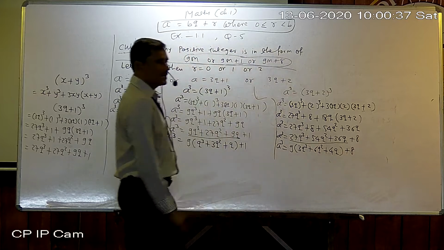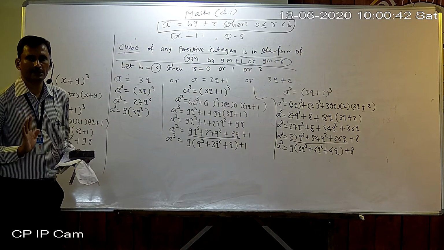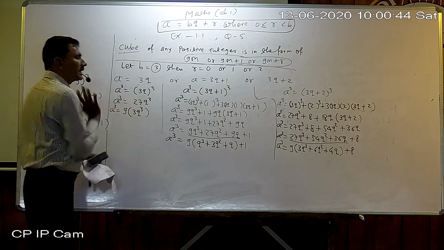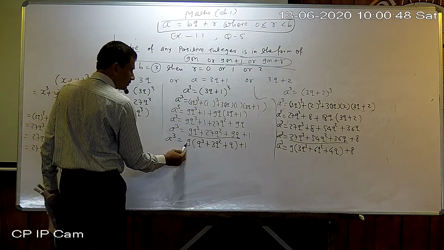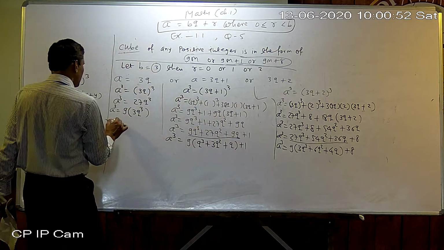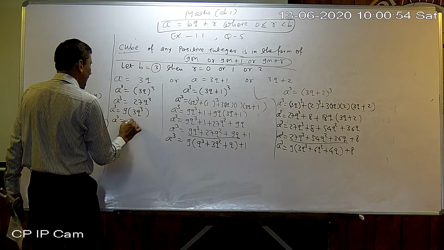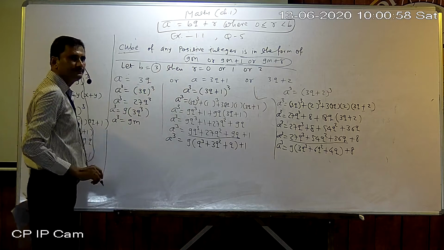Now instead of the bracket, write down m. Whatever the bracket is, that is not important for us. Only this coefficient and the last remainder are important. So a cube equals 9m. Why m? They have written it.